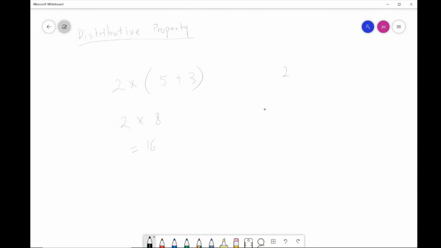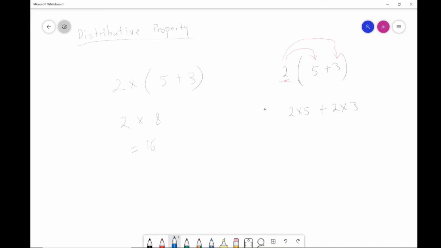Well, there's another way of doing it, which is 2 times 5 plus 3. According to the distributive property, can we see that the 2 is outside of the parentheses? What we mean by distribute is that we have to distribute the 2, the factor of 2, to the first term in the parentheses, as well as the second term in the parentheses. So the work will look like this: it is essentially 2 times, I didn't explicitly put the multiply sign over there, but it is multiplication. It will become 2 times 5 plus 2 times 3.